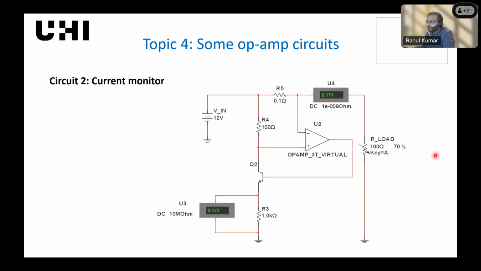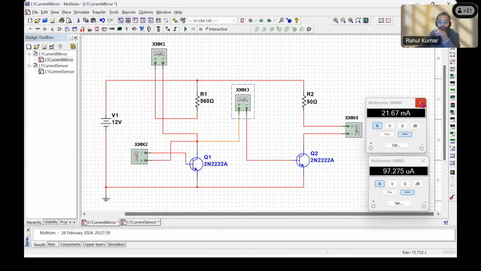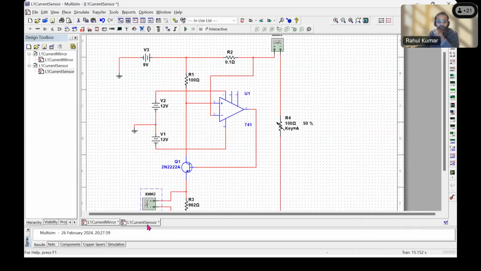Right? Let's maybe quickly close all this, and we can have a look at this. So this is your current mirror, not current mirror, this is your current monitor circuit. Yeah, current monitor circuit. We are not much interested in the working, but I can quickly show you.